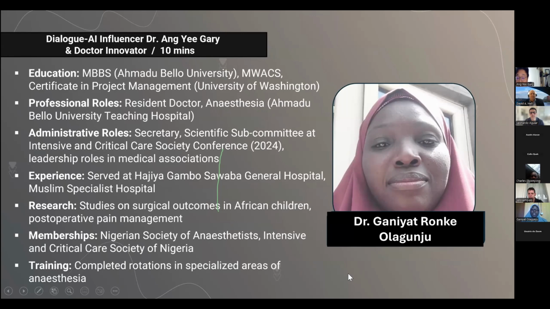I'm particularly fascinated by the patient education chatbot, which is going to take over the daunting, repetitive tasks of the doctor. As we know, the current doctor-patient ratio in Nigeria is 1 to 10,000, as opposed to the WHO-recommended 1 to 600.